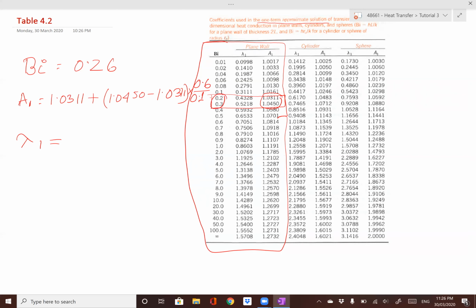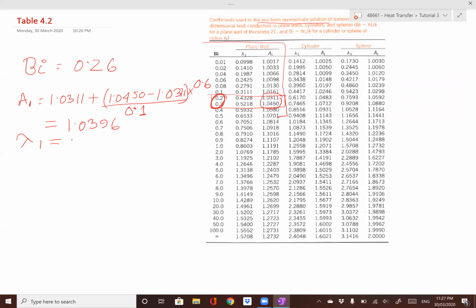Basically the difference between them is 0.1, so if we divide the total difference by 0.1 we get it for each small element, then times 0.6. So it will give us around 1.0396.